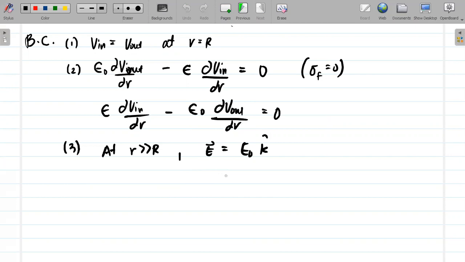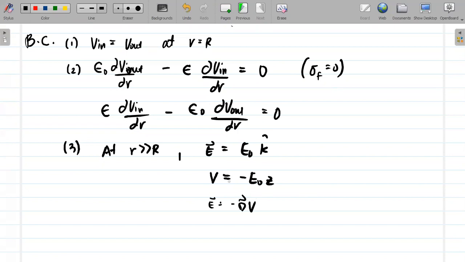Now, class, ano ang potential na nagpo-produce ng ganitong electric field? Linear? Negative E naught Z. Bakit? Di ba E equals negative del V?